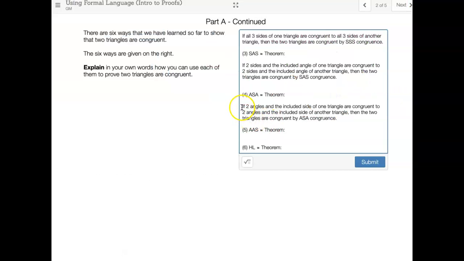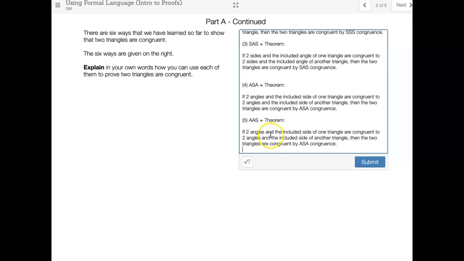Angle-angle-side theorem: if two angles and a non-included side of one triangle are congruent to two angles and a non-included side of another triangle, then the two triangles are congruent by angle-angle-side congruence.